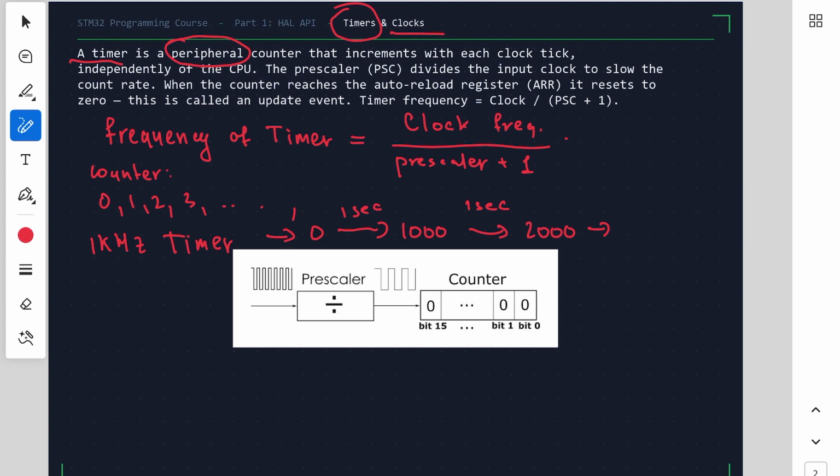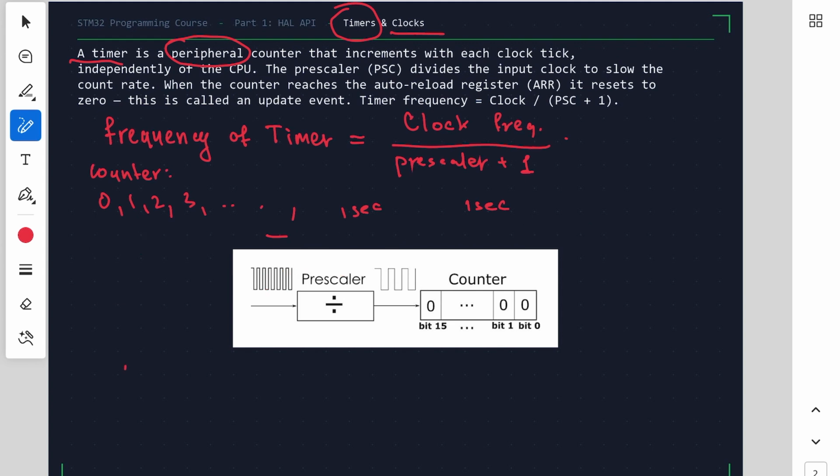So the timer frequency dictates how fast the counter is incremented. If we have a 1 megahertz timer, what happens? You have the counter at 0. After 1 second, it becomes 1 million, 10 to the power of 6. Then it becomes 2 million, and so on and so forth.